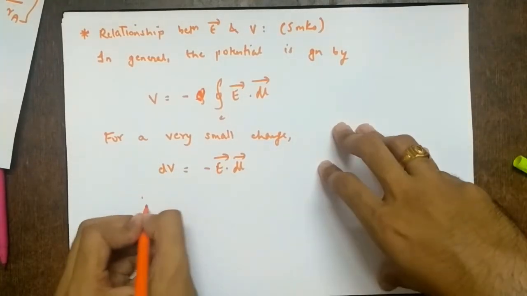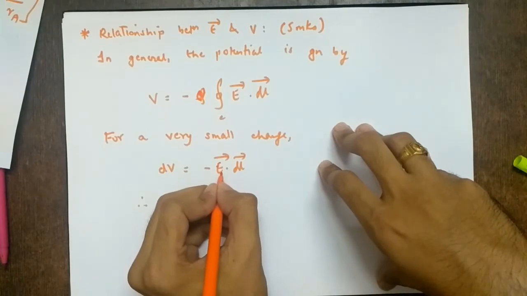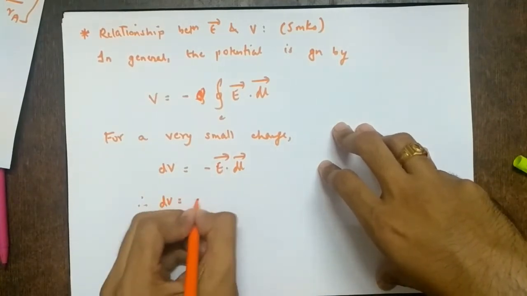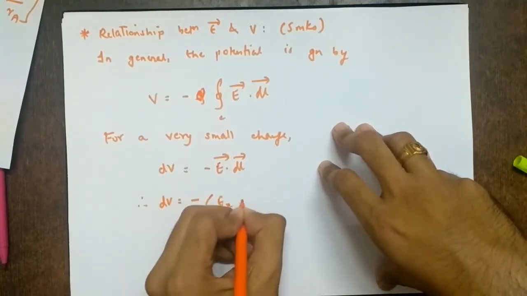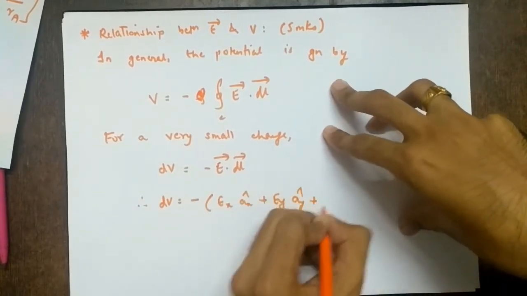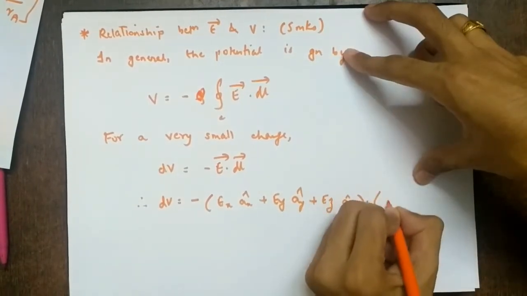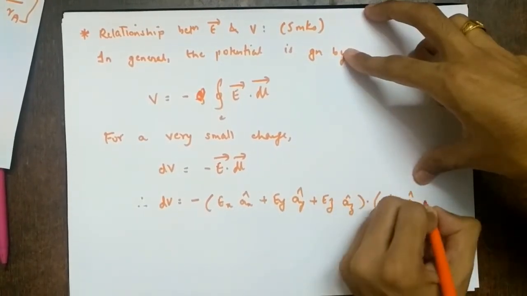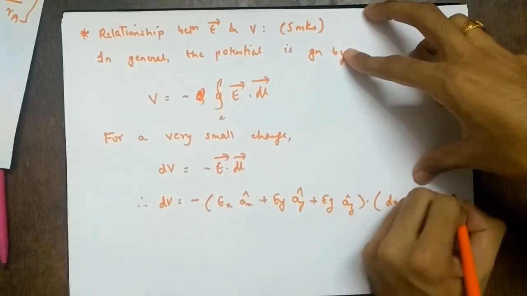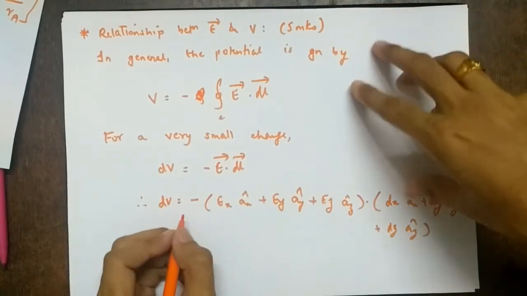So how can I write this? Therefore dV equals, E vector is in the direction of x, y and z, right? So minus of (Ex ax cap plus Ey ay cap plus Ez az cap) dot (dx ax cap plus dy ay cap plus dz az cap), right?